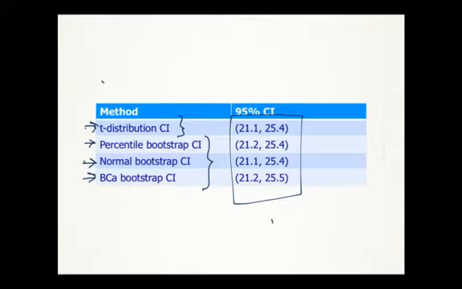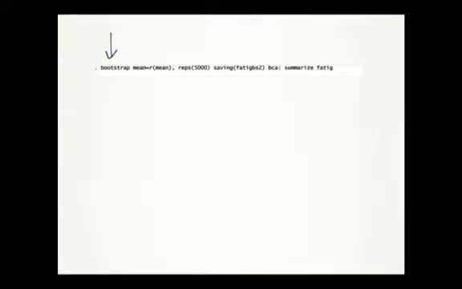Okay, so what does this look like in Stata? Okay, so this is the command, Bootstrap, and then these bits tell you that the statistic that we're interested in is the mean. We want to do 5,000 resamples, and we're using the variable called fatigue score, and so on.